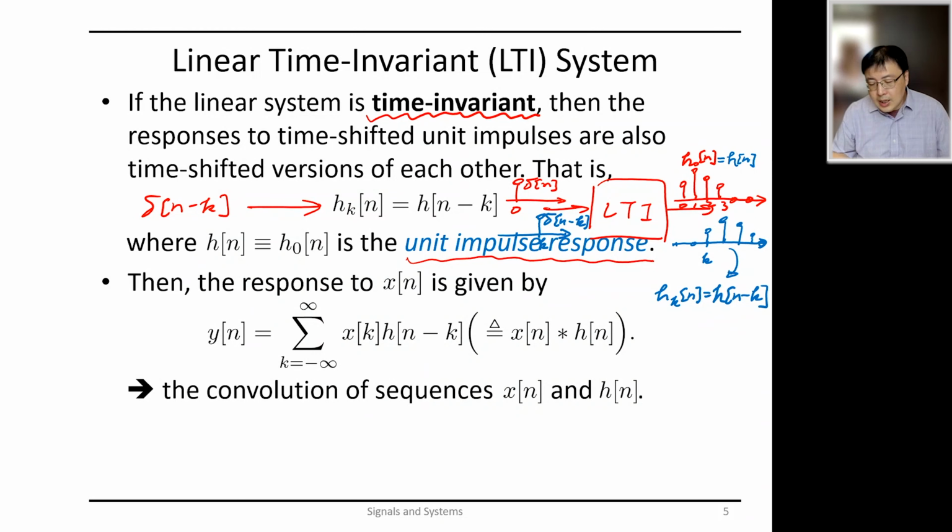Now, this is what we call a convolution sum, or sometimes called a superposition sum.